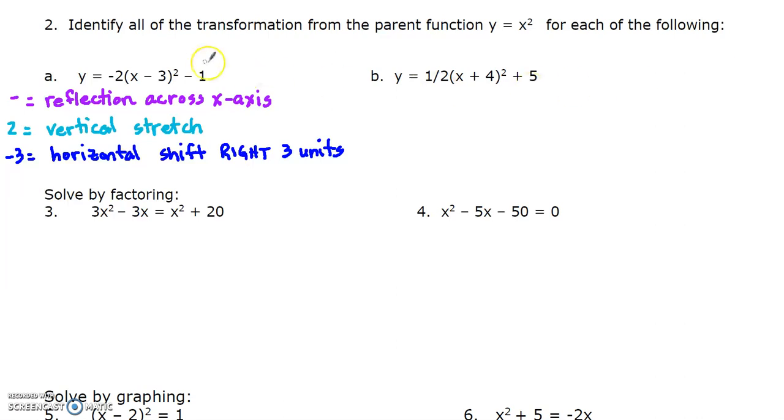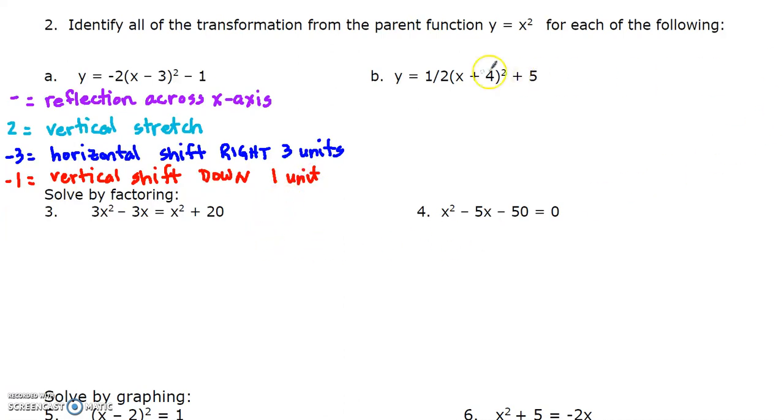And then the number out here after the parentheses, that -1, is going to be a vertical shift, and that is going to go down 1 unit. Okay? All right, let's try the next one.